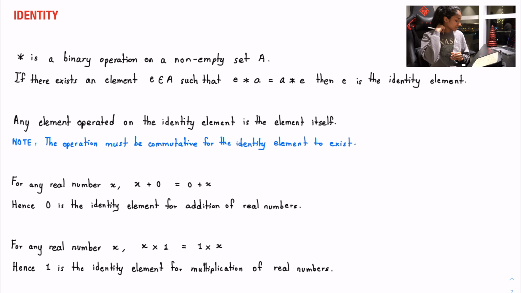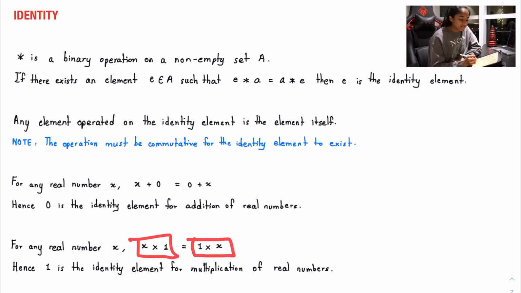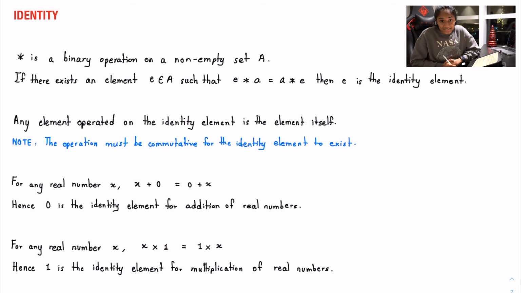For multiplication, it's very similar, but in order to get back the element itself, we multiply it by 1. And that's why 1 is the identity element for multiplication. So x times 1 will be x, and 1 times x will also be x. That is why 1 is the identity element for multiplication of real numbers.